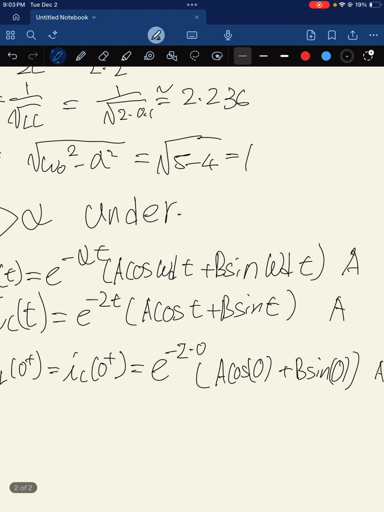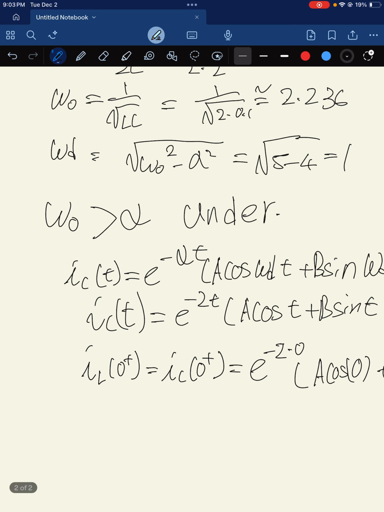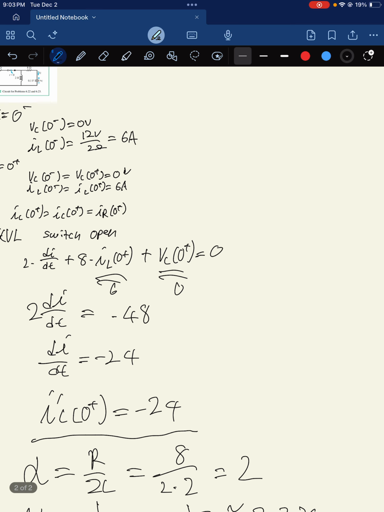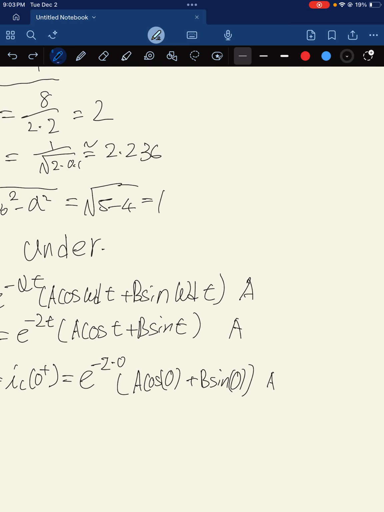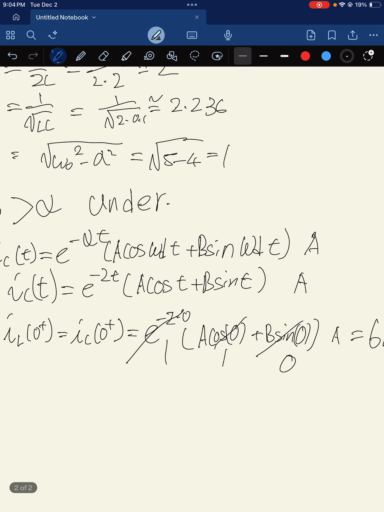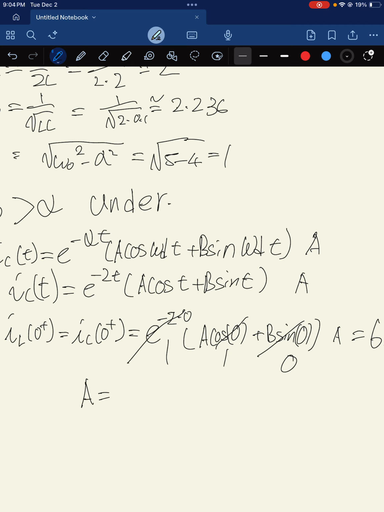And earlier we know that IL of 0 plus is equal to 6. So we can just plug that in there. After plugging in, the exponential is going to equal 1, the cosine is going to equal 1, and the sine is 0. So we're left with A equal to 6.